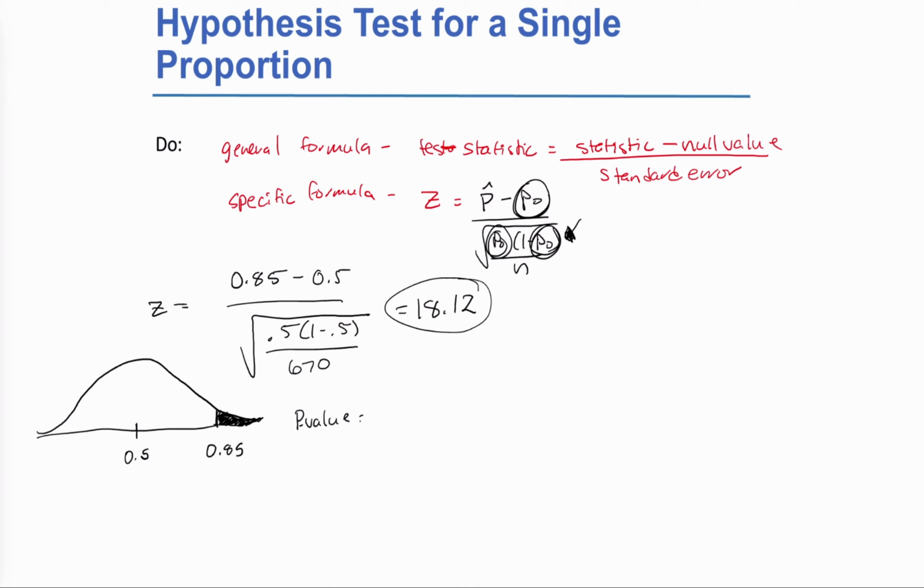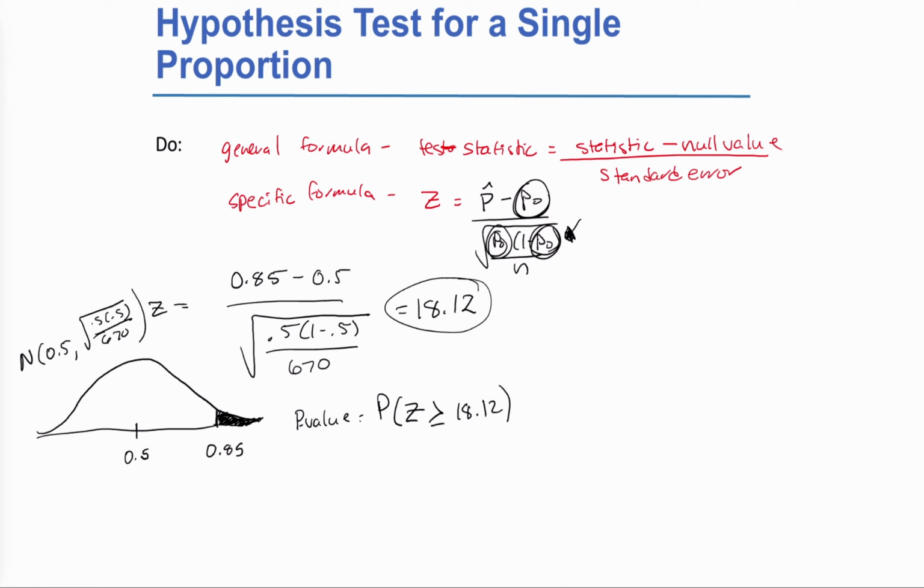And our p-value is going to be the probability that the z-score is greater than or equal to 18.12 in a standard normal distribution. This is a normal distribution with a mean of 0.5 and a standard deviation of whatever the square root of 0.5 times 0.5 over 670 is.